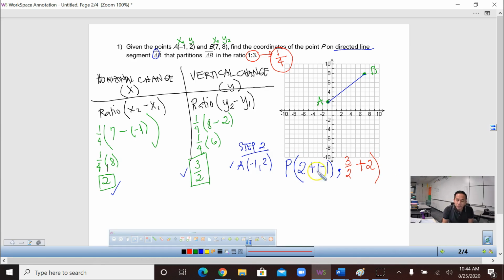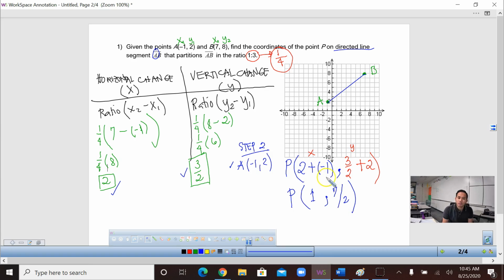So the answer here will be the value of x, and the answer here will be the value of y. Your P now will be 2 plus -1, which gives 1, and then comma, that's the value of x, and then 3/2 plus 2 will give me 7/2.